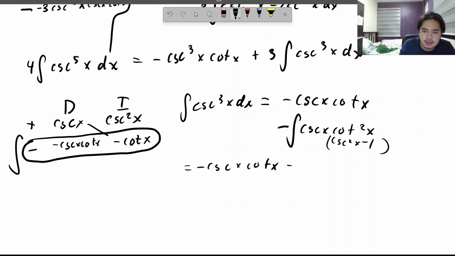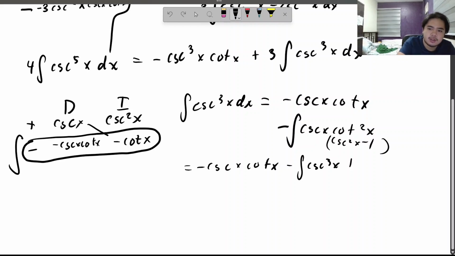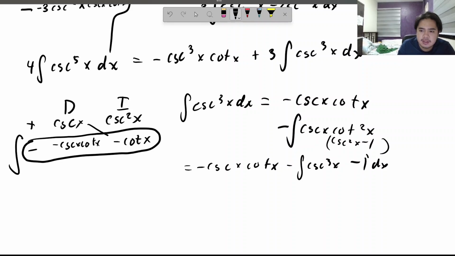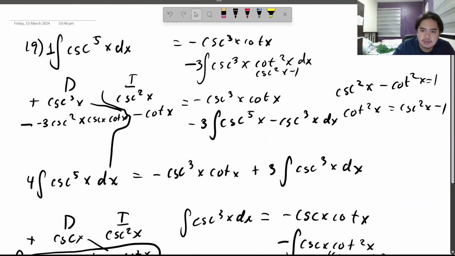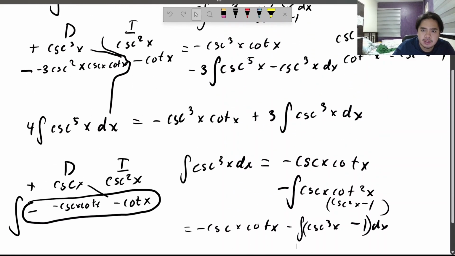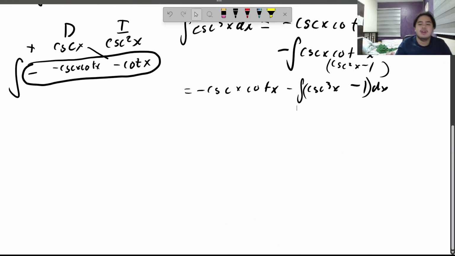So we get negative cosecant x cotangent x minus cosecant cubed x plus minus 1 dx. Let me just see if it checks out. I think it checks out. So now we can bring the cosecant cube to the other side.